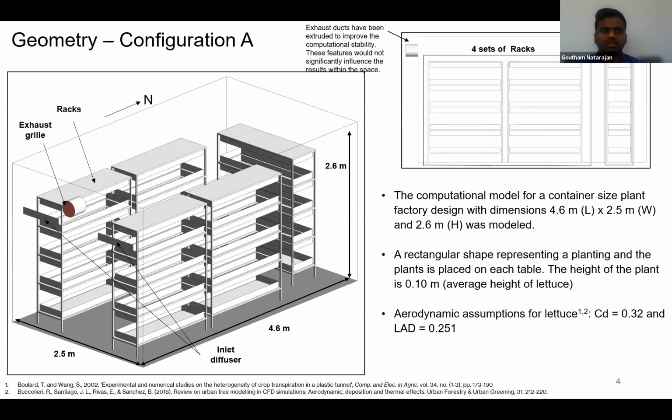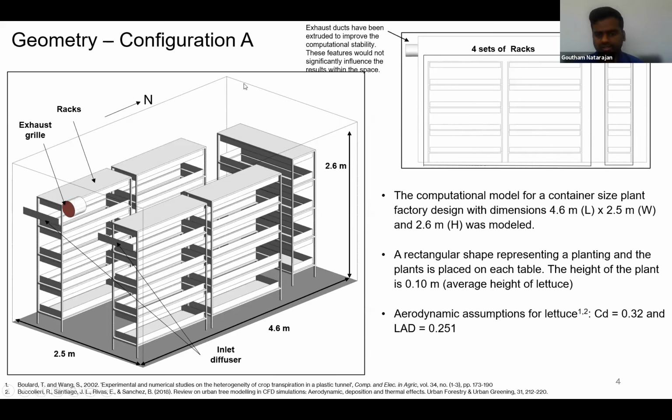Analyzing all these, we concluded three major configurations for our geometry, and the baseline configuration was modeled using a computational model as a shipping container with two inlet diffusers and an exhaust duct, where we had 4 sets of racks and an isolated rack, which you can see over here.